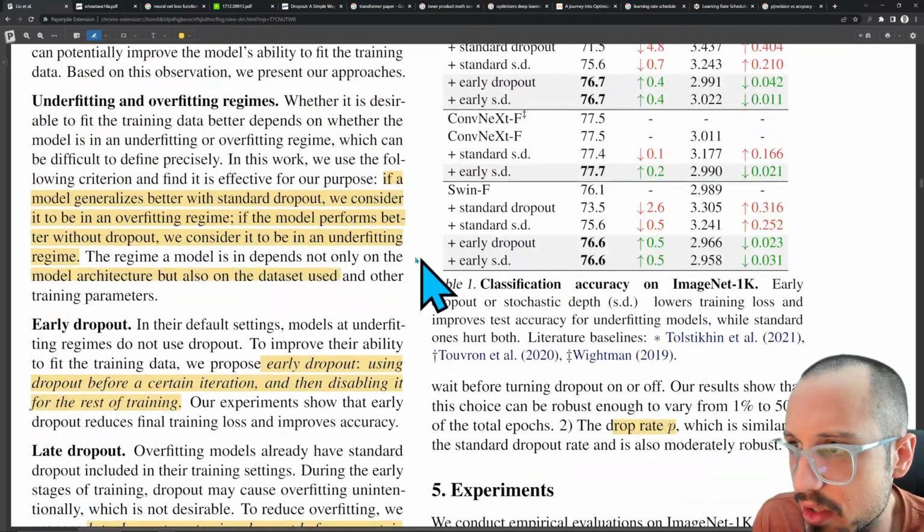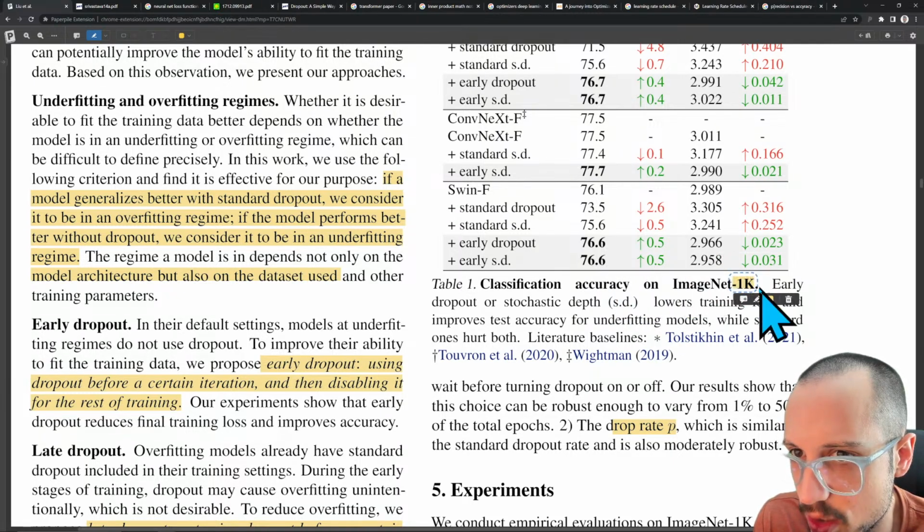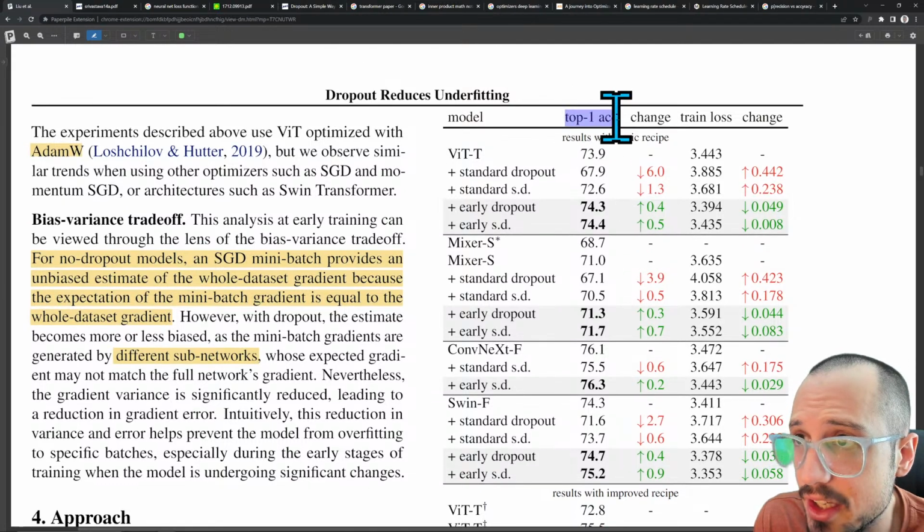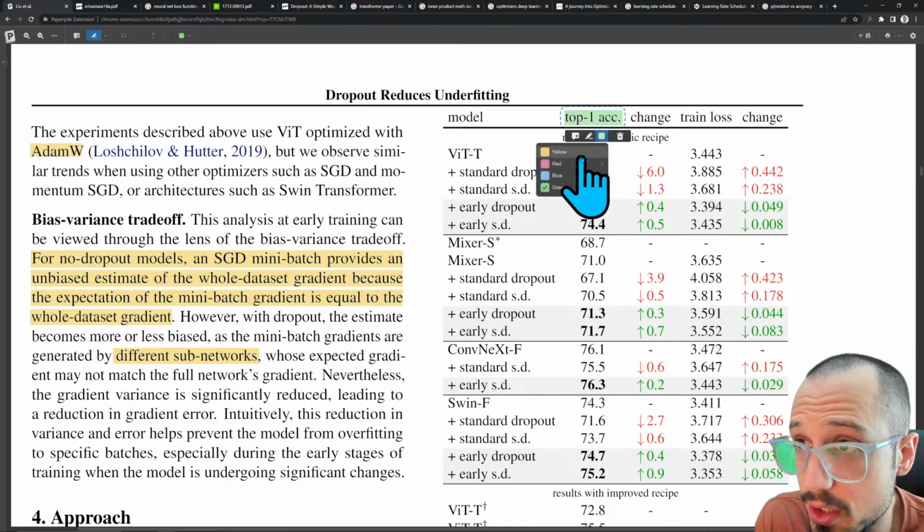Okay, what do they have here? Classification accuracy on ImageNet 1K. So 1K here refers to the 1,000 categories. It's a classification problem with 1,000 categories. Early dropout or stochastic depth lowers the training loss. Okay, so I guess top one accuracy, which is the most difficult accuracy metric you can use.